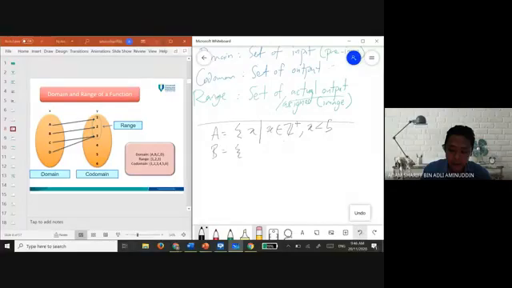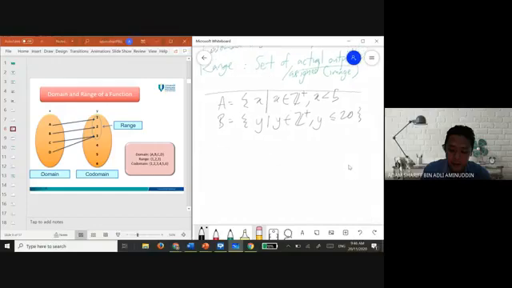B is an element of Y. Y is a positive integer. Y is smaller than or equal to 20. Okay, dua set. Finite set.